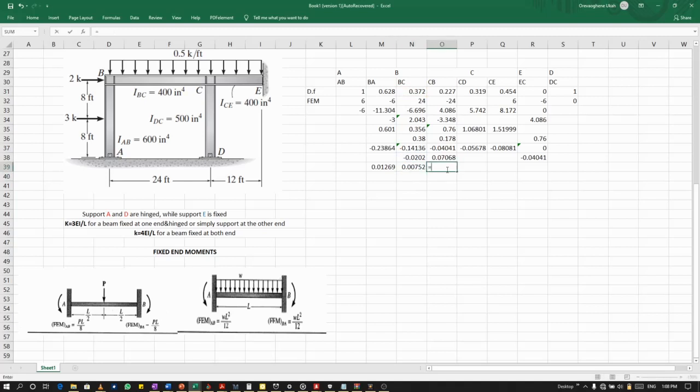Okay, so this minus this times this, minus this times this, minus this times this. All right, so we're going to stop here.